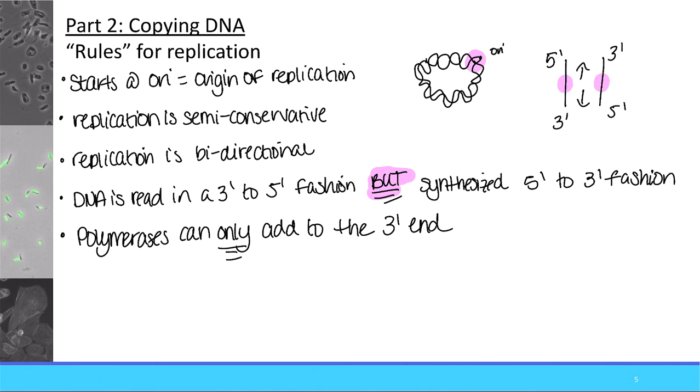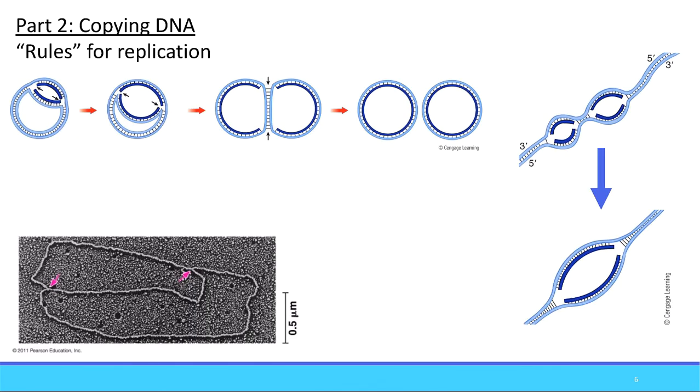So now that we've got these rules, and you will hear me reiterate these rules quite a bit as we continue throughout this topic, let's go ahead and take a look at this origin of replication business. So we're going to start here on the left in this bracketed area, and this is for bacteria and archaea.